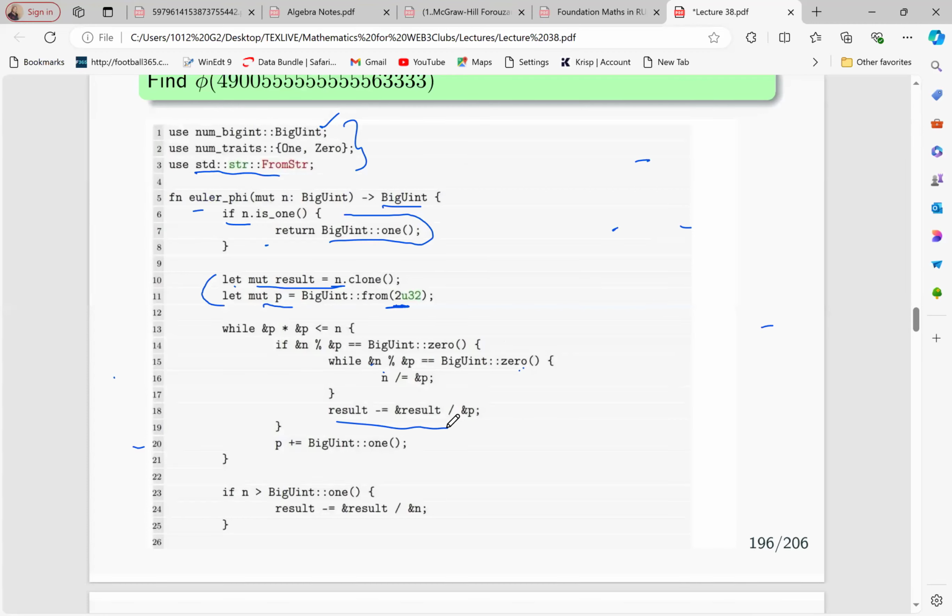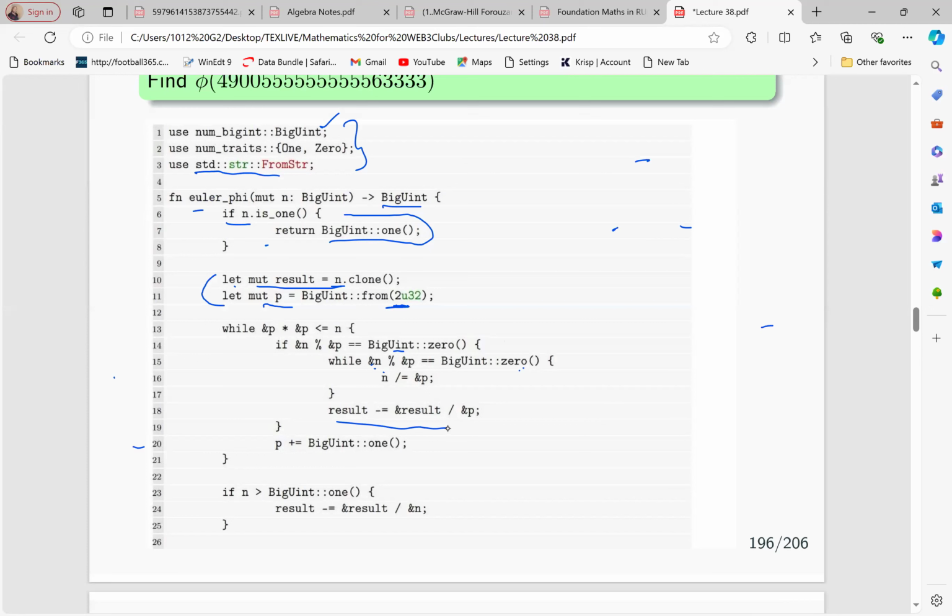After the if condition, we go inside, and inside here we say, while n on division by p still gives you 0, continue dividing n by p and writing the result that we get.